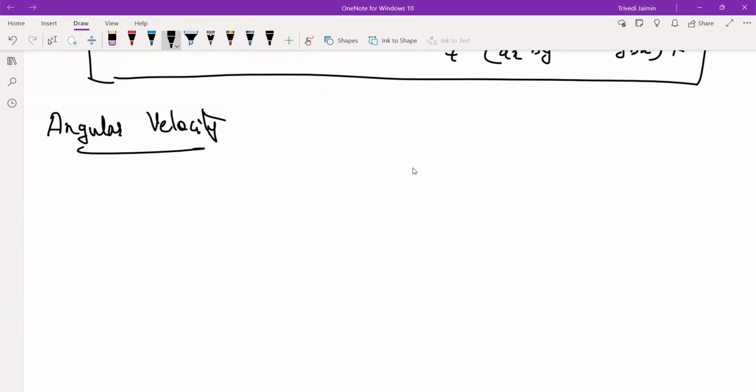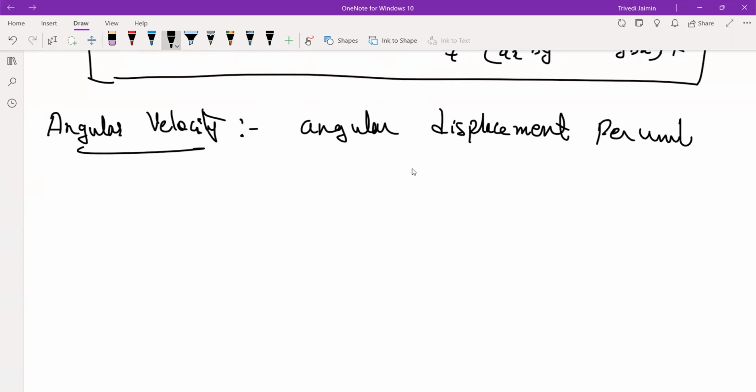By the way, what was velocity? Displacement by time, or rate of change of displacement with respect to time. In angular, it will be similar, just angular displacement per unit time.